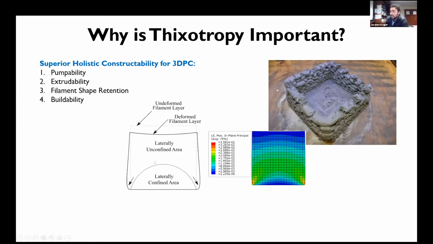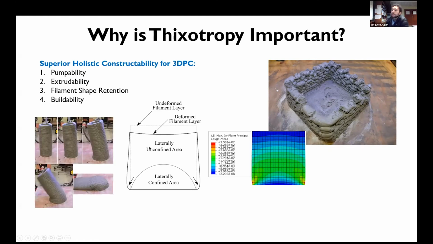If it deforms too much, you will lose your aesthetics, so you really don't want a lot of deformation, especially not plastic yielding under its own weight. Then obviously you want to build these layers on top of each other, which is buildability, and you can quantify this in terms of the vertical building rate. In this case, you can see it just fell over with plastic yielding on the bottom left side.